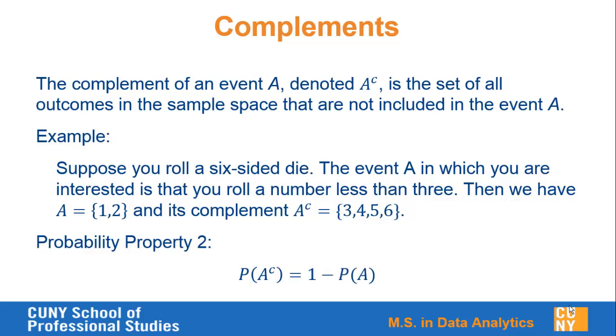The probability of a complement is going to equal 1 minus the probability of A. And we know that the probability that some outcome occurs is equal to 1, and therefore, if we've got these two disjoint sets, we know that the probability of A complement plus the probability of A has to equal 1, and so the probability of A complement equals 1 minus the probability of A. This is an extremely useful trick, and we're going to come back to it time and again.